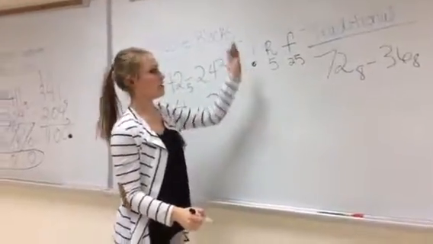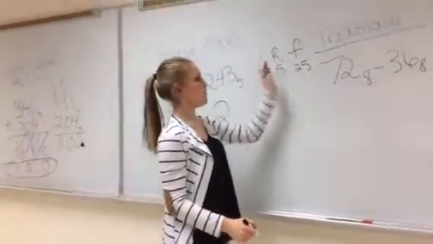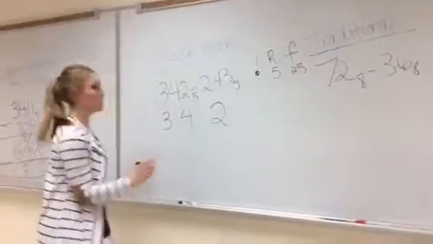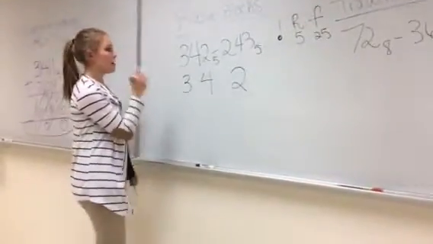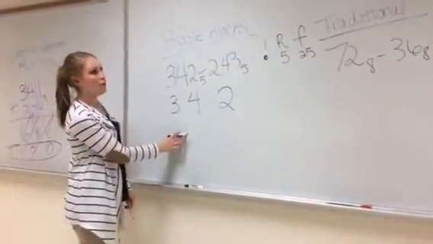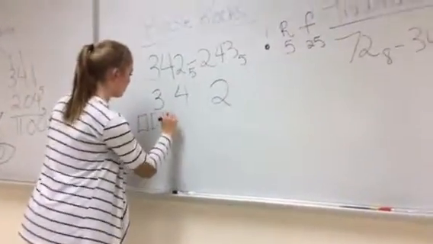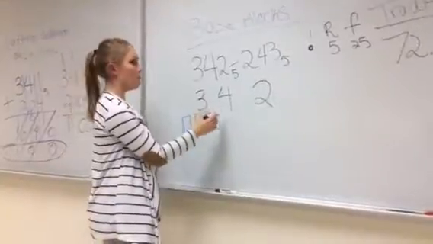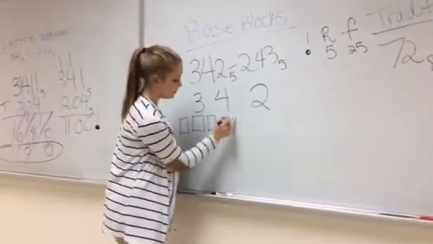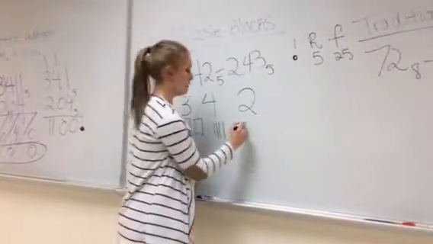We have 5 dots equaling 1 rod, and 5 rods equal 25, or the 25 for 1 flat. So for this one, we know that we have 3 flats. We have 4 rods and 2 units.